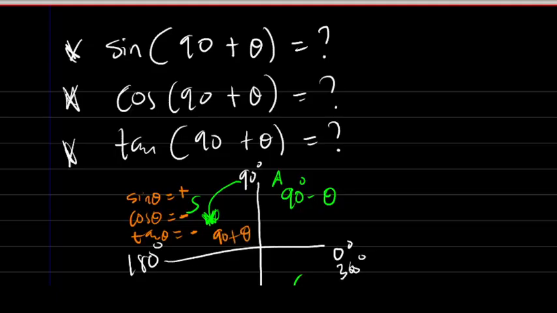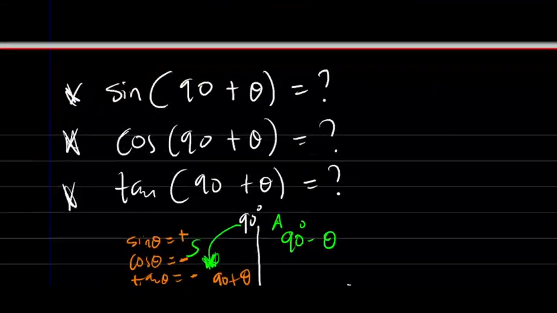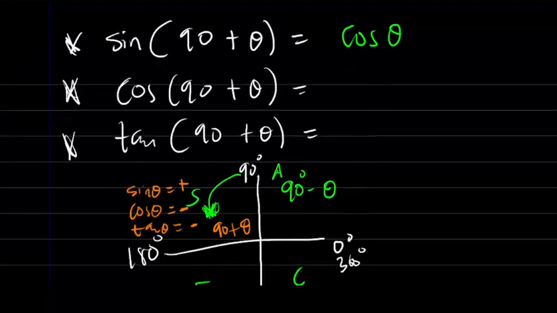In the second quadrant, we have sin theta to be positive. That means, according to what we have up here, we are still going to maintain cos theta. So let me clean what we have here. This remains cos theta. Now, for cos, in the second quadrant, cos theta is negative.